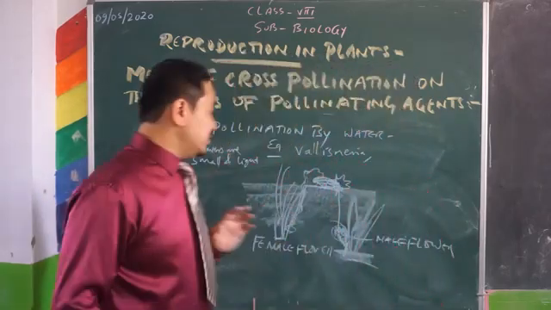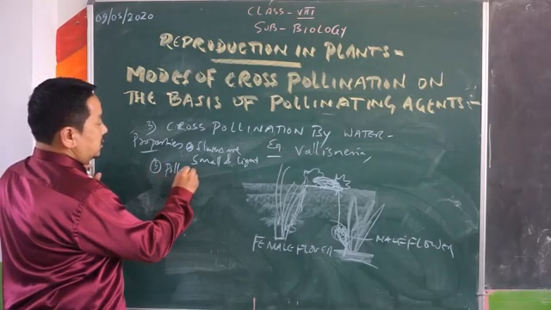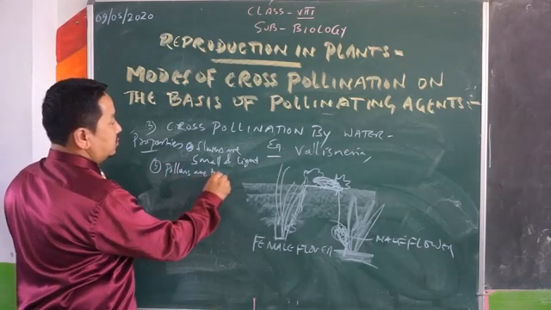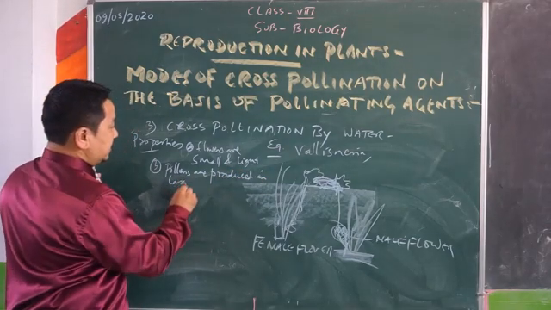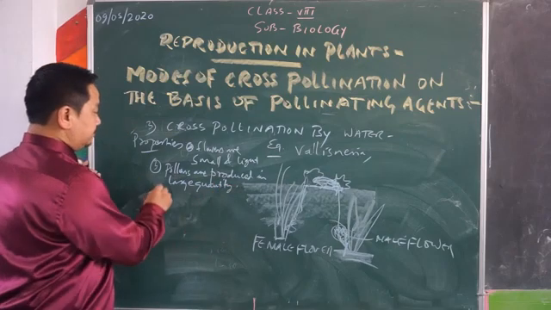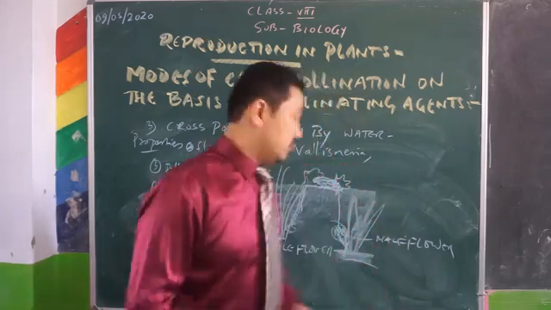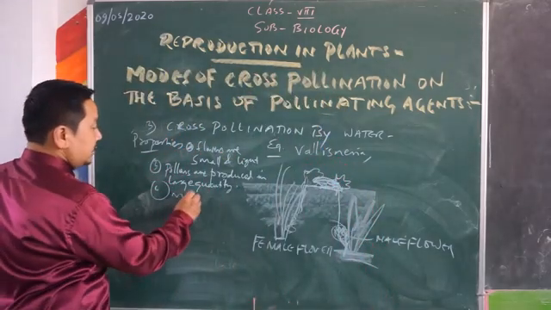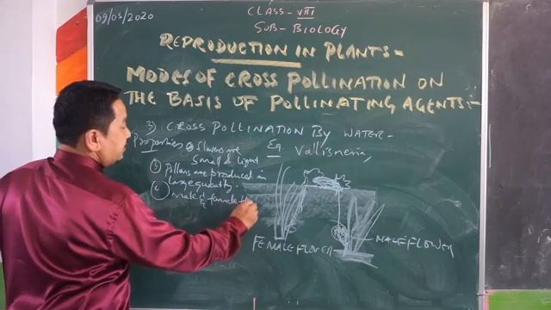And pollen grains are produced in large quantity. Alright? Then it has some other properties also, as I already told you, that male and female flowers are separate.